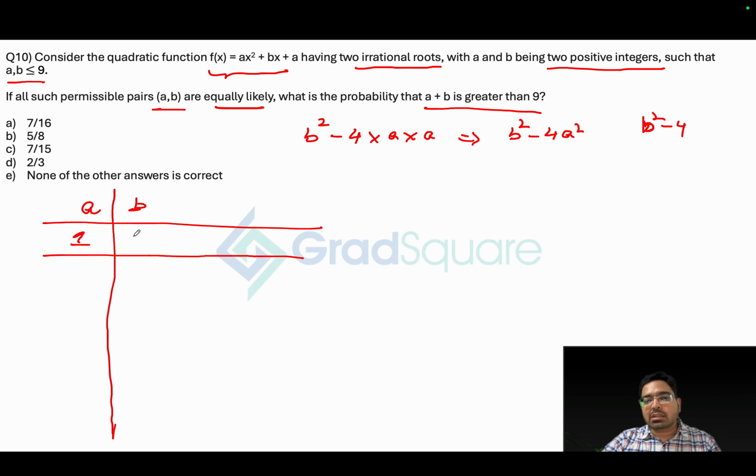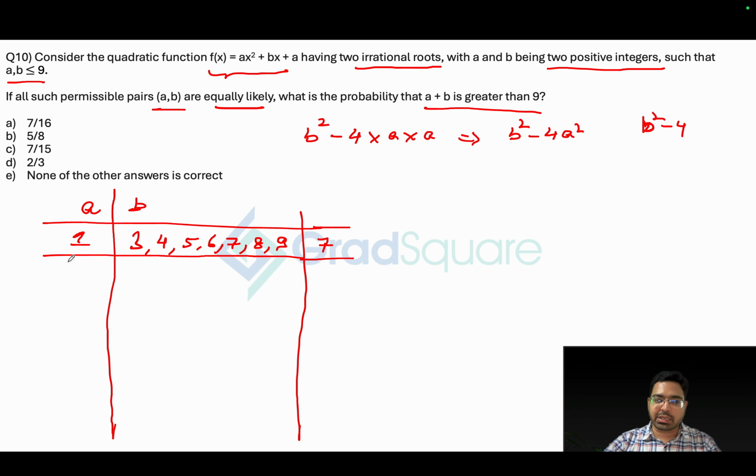So we will start with 3. 3² is 9, minus 4 is 5, not a perfect square. 4² is 16, minus 4, again not a perfect square. In fact, any perfect square henceforth minus 4 will not give you another perfect square, right? So I can take all the values up to 9 without even calculating any of these numbers. So how many pairs of values for a and b? There are 7 pairs.